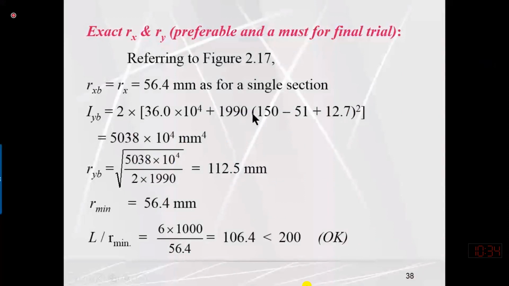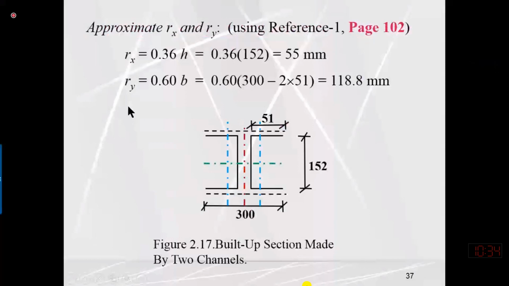This is the parameter that we are using to transfer the moment of inertia from the y-axis of the channel to the y-axis of the built-up section, and we need to multiply it by 2, because we have two channels. One channel is identical, the channel is on the other side.